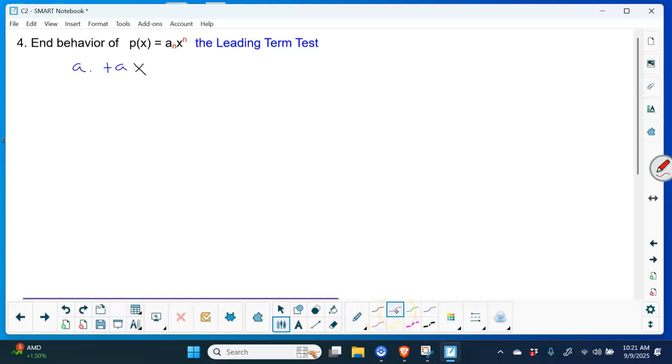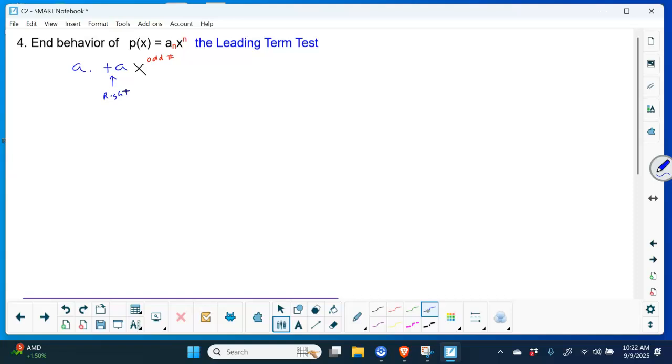All right, so let's suppose we have a positive lead coefficient, so positive A, and we've got an x, and then the value of n is an odd number, right? A 1, 3, 5, 7, 9, 11, etc. Okay, and you got to be careful here. The positive A is the way it ends, or the right side.